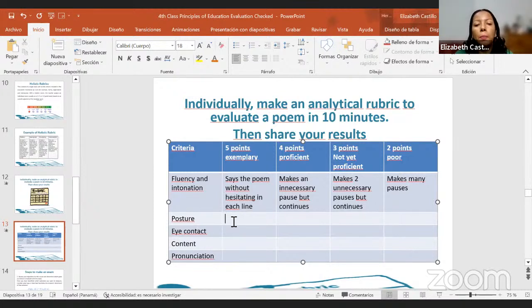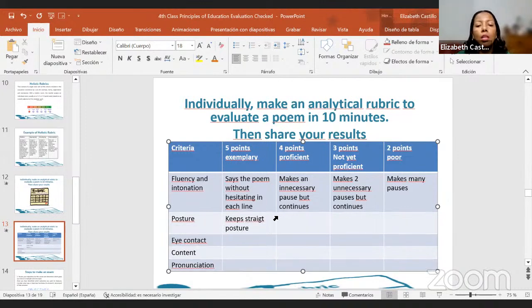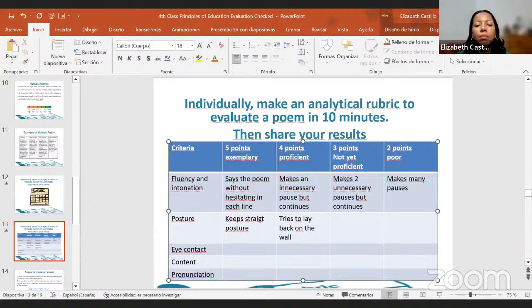In posture: is straight, hips straight, upright posture. Tries to lay back on the wall. Okay, sorry. It tries to lay back on the wall or on the whiteboard.